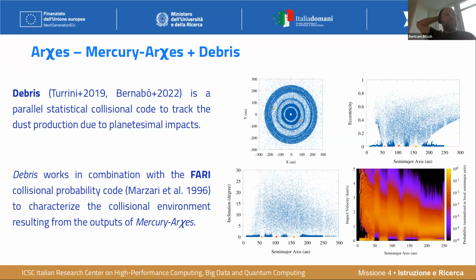Then the other question is, could you say something about the runtime? I guess it's similar to the normal Mercury standard code, or, well, this one is parallel. So depending on the number of cores you use, Mercury-Arxes is faster. We found that the sweet spot is using a limited number of cores for up to 100,000 particles in the simulation. Using 8 cores, you tend to get a speed up of a factor of 4 or 5 with respect to the typical simulation, because about 90% of the workload of Mercury is parallelized for this kind of simulation.